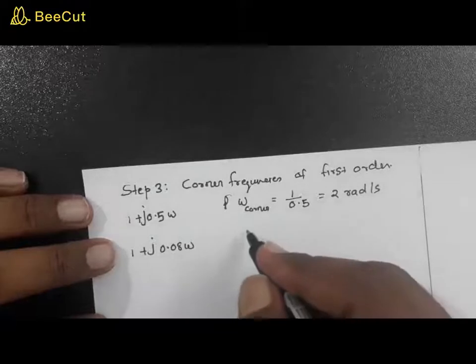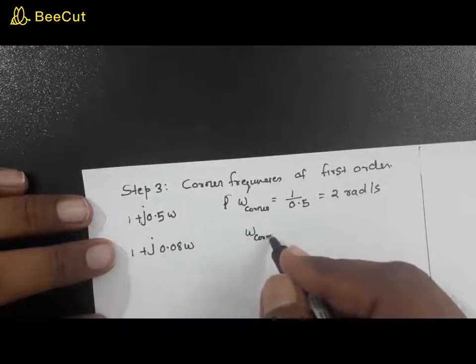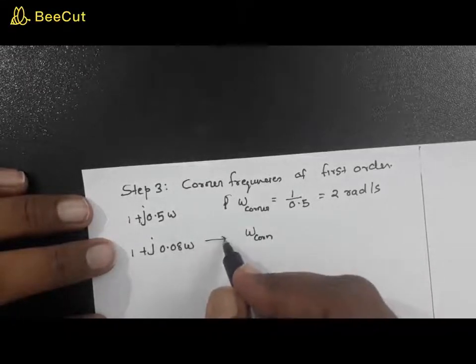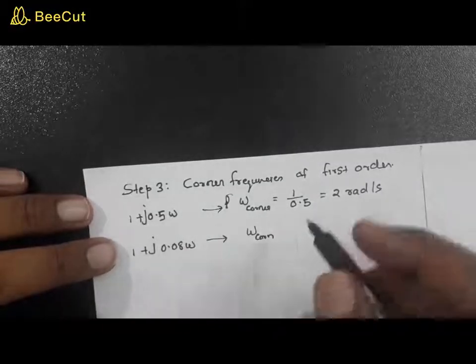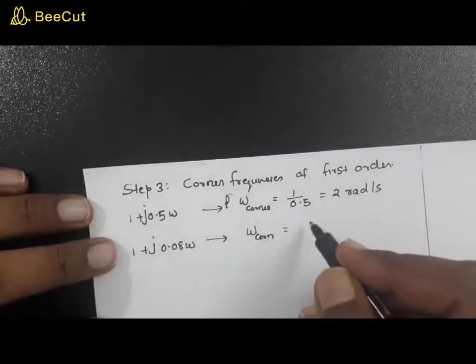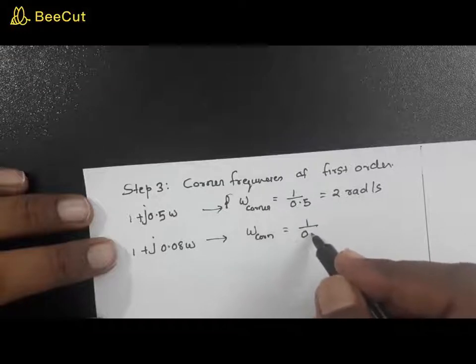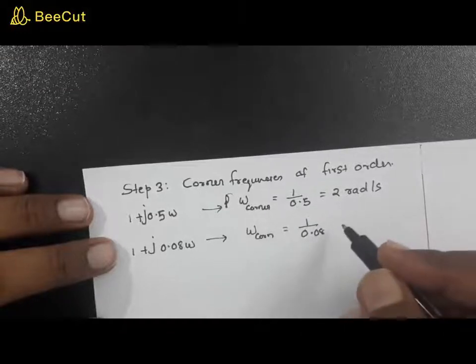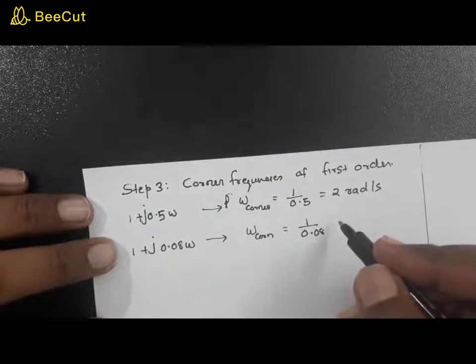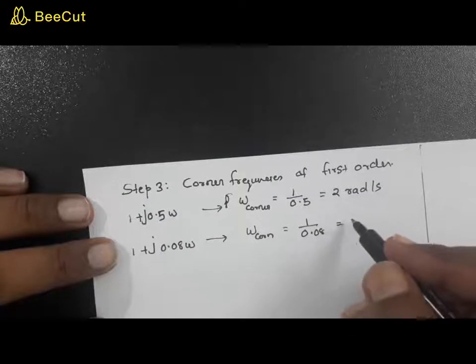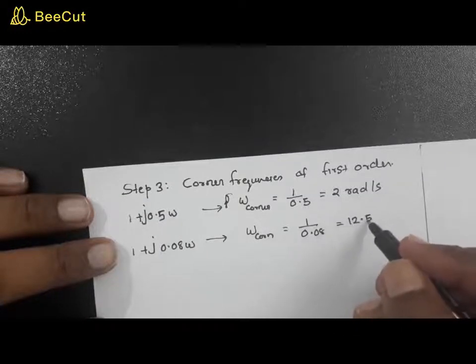The corner frequency of the other term is 1 by 0.08, which is equal to 12.5 radians per second.